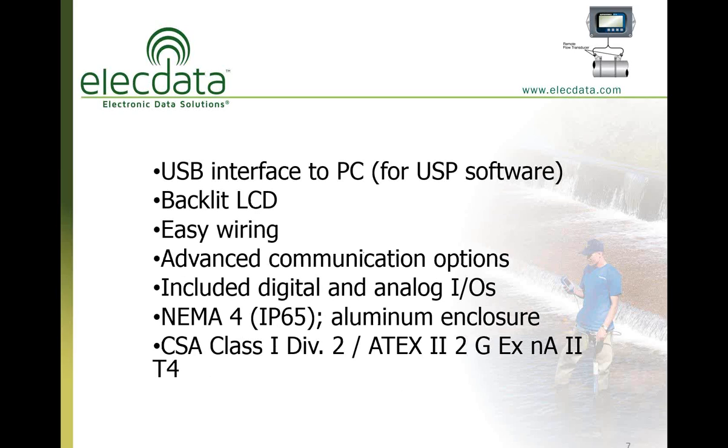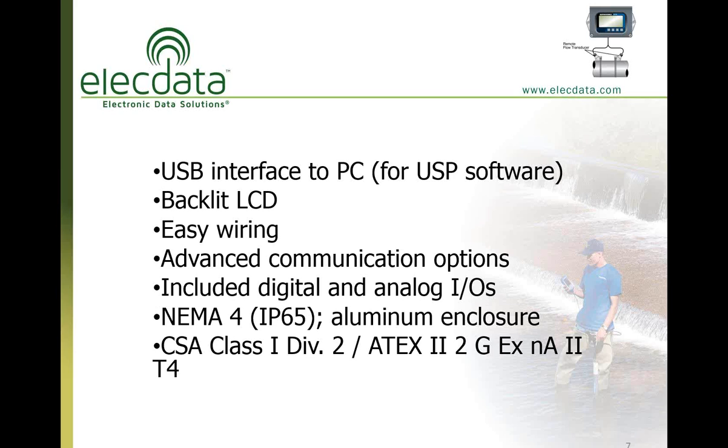The UTM10 transit time flow meter has a USB interface to a PC. We'll talk about that a little bit later in more detail, but this software allows you to do all the setup through one easy interface, or you can also use the 4-button keypad and LCD display. The LCD is backlit, so if you're working in low lighting conditions, it's very easy to see the screen.